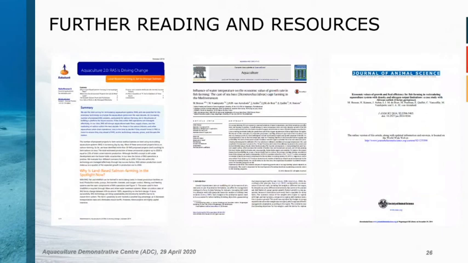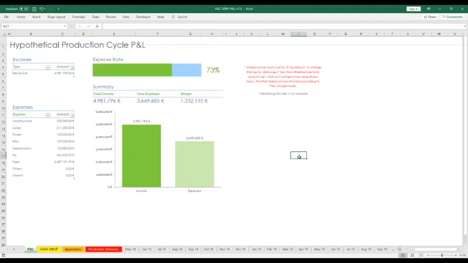And if it's okay, now we will move on to the Excel sheets. I have compiled an Excel file with a periodical production cycle. The first page, what you're seeing on the screen, is called the dashboard.